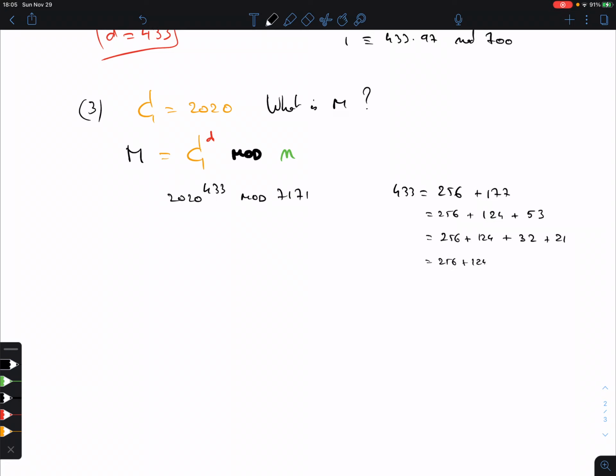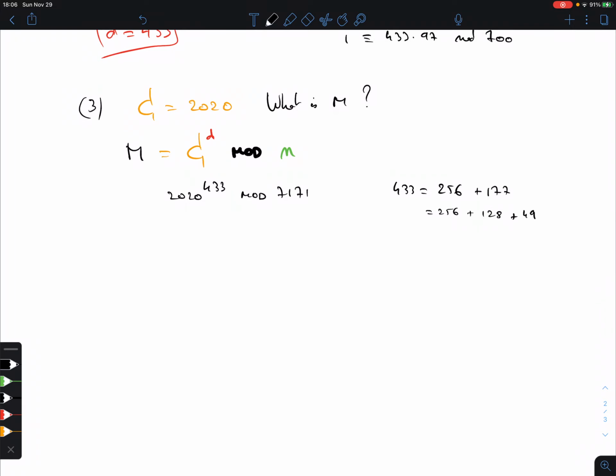Where does 124 come from? Oh, sorry guys, I forgot my powers of 2. 128, of course. So it is 128, and what is left is 49. And there I can have a 32.